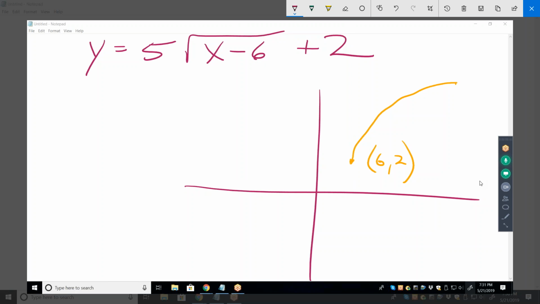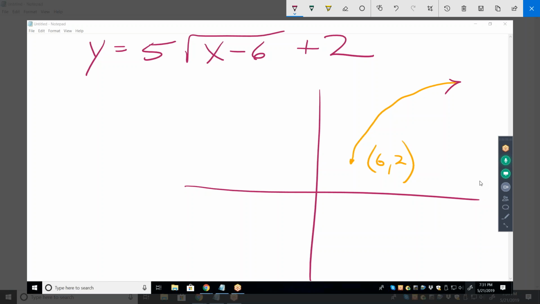You can figure out the domain from looking at the curve, right? In other words, there's no x value to the left of 6. There's only x values greater than 6, and it's going on forever in that direction. So you can figure out the domain looking at the curve.